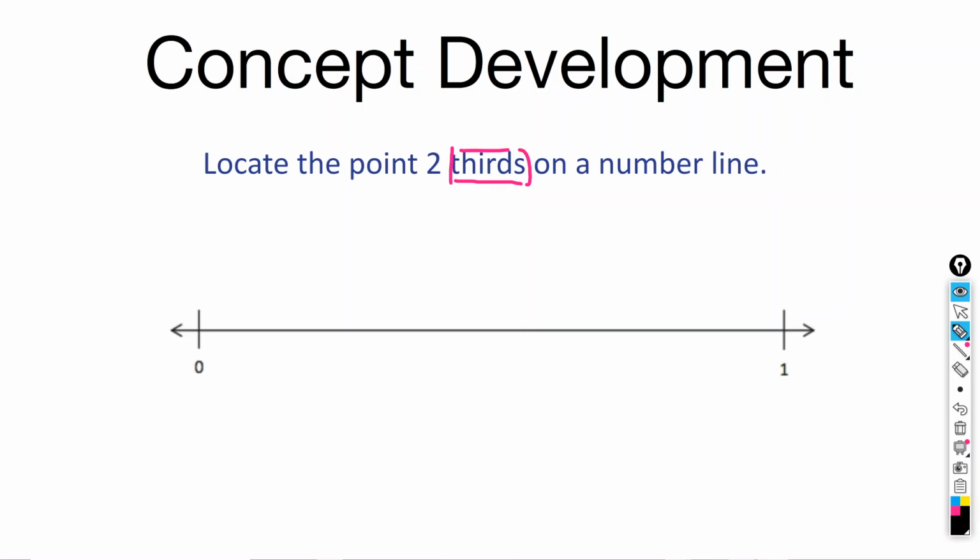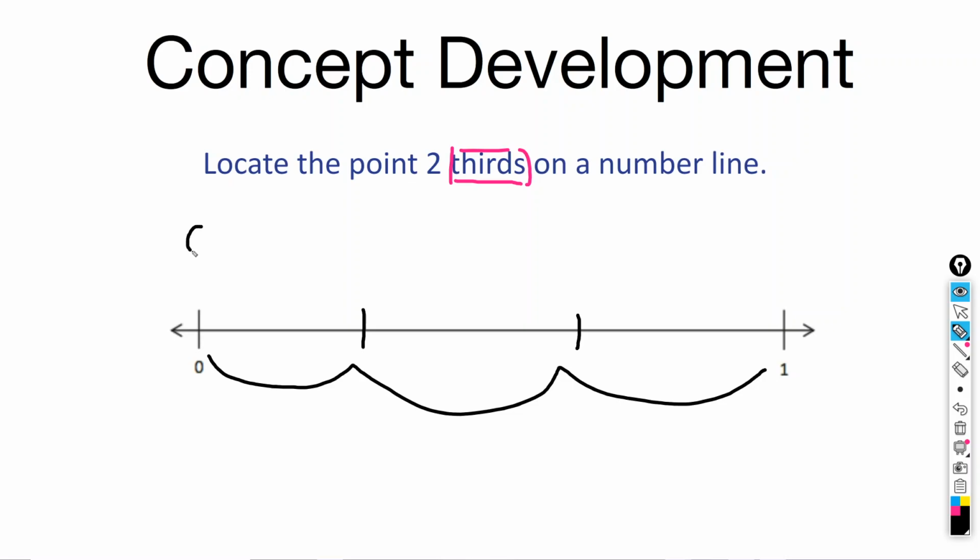So I'm going to make my best guess at where thirds are. Okay, and that looks like 1, 2, 3 pieces. I'm going to go ahead and label my pieces.